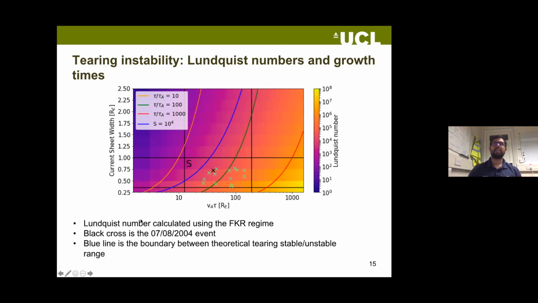And we can obtain things like the Lundquist number and the magnetic diffusivity, as well as the resistivity, to try and better understand under what conditions the tearing instability arises. We can plot the alpha and growth rates of the tearing instability, as well as show exactly what Lundquist number conditions are required for the tearing instability, as well as current sheet width and Alfvén speeds.